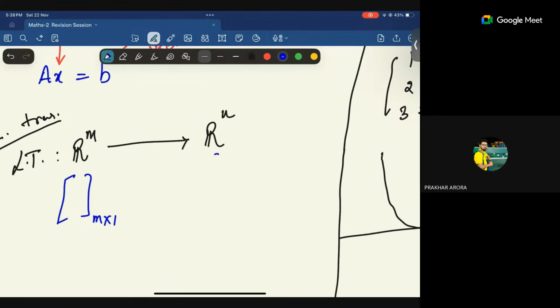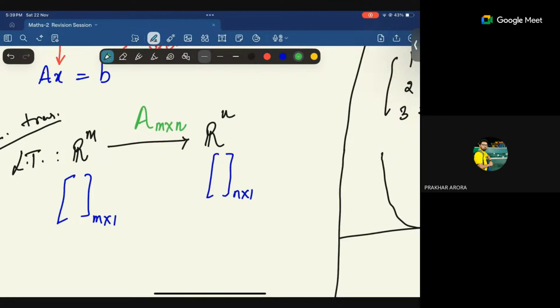Rn, and this is a vector of order n cross 1. And here we have a matrix A. And this m and n are not just any numbers; they have great significance. The significance is that this is the order of the matrix here.